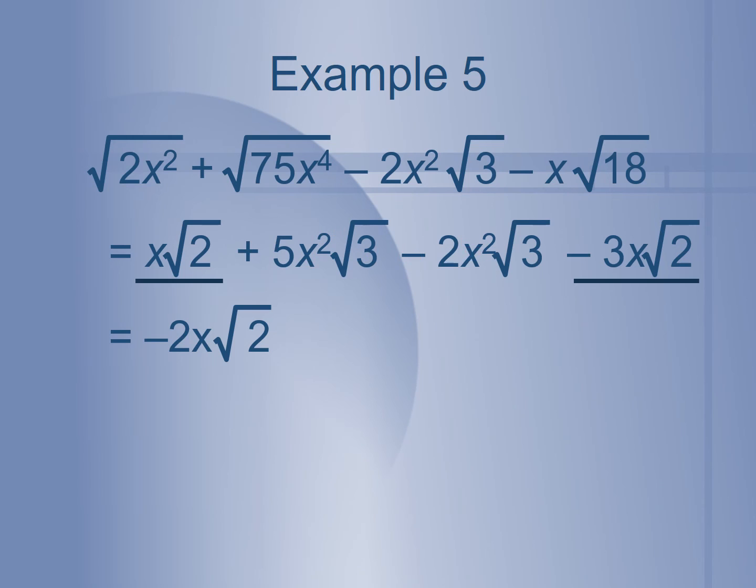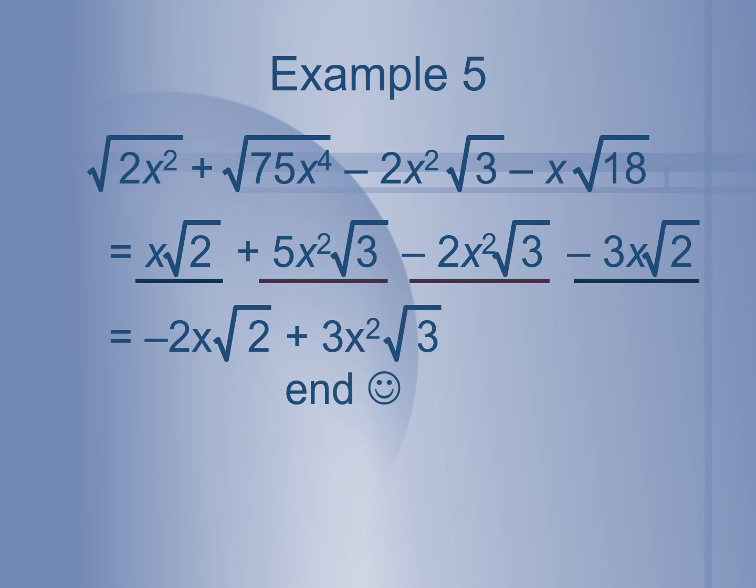So we have 5x squared square root of 3 minus 2x squared square root of 3 gives us 3x squared square root of 3. And then these two terms can't be combined, number 1, because this is an x and this is an x squared. And number 2, because this is a square root of 2 and this is a square root of 3. So there's 2 reasons why you can't combine those 2 terms, and everything is simplified, which means that this is our final answer.